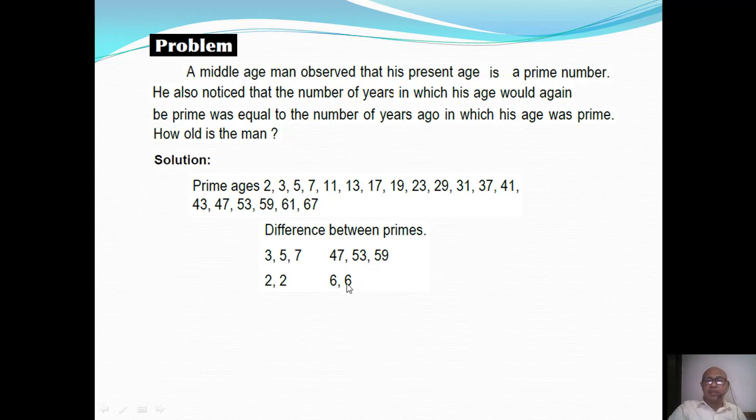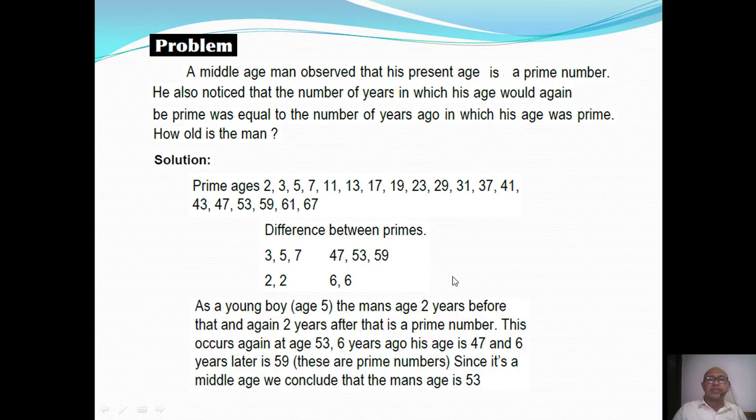So we have an equal number of years before and after the age 53. Okay, so our answer here is equal to 53.